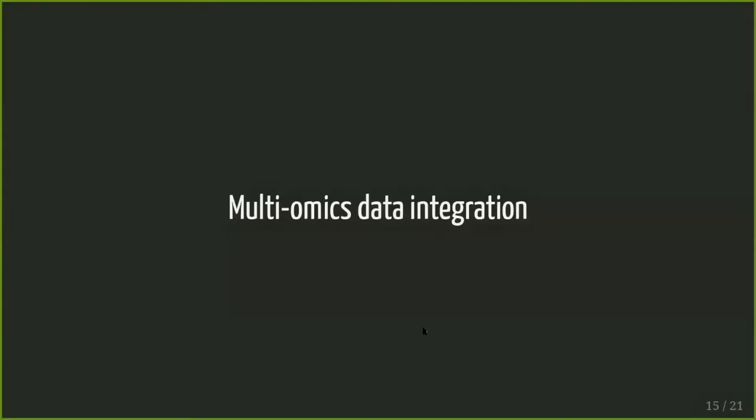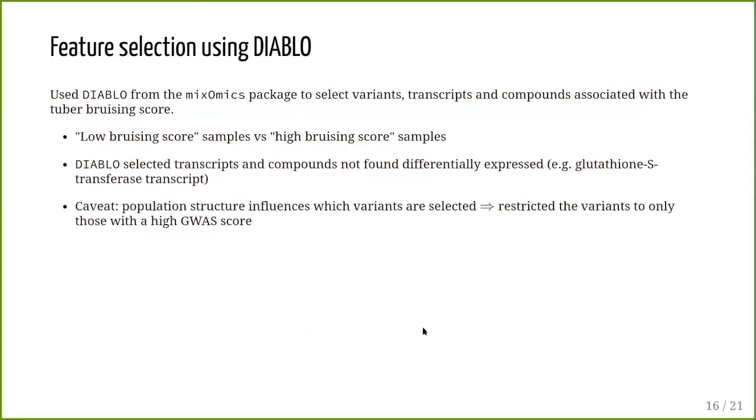Now, because we also had metabolomics data, we wanted to do some multiomics data integration to try and make full use of all these data sets. For that, we used the mixOmics package. Maybe if people are familiar with multiomics data integration, that's a very famous package to use.